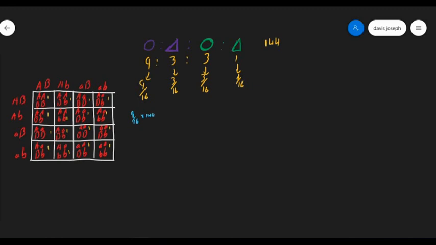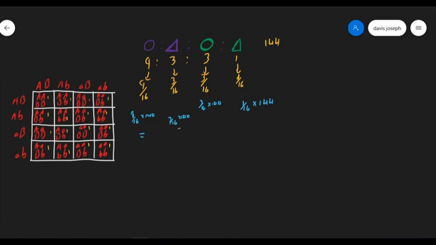For the individuals which are purple and triangular, it is going to be 3 over 16 times 144. The individuals who are green and round are going to be the same, 3 over 16 times 144. And for the individuals which are green and triangular, it is going to be 1 over 16 times 144.